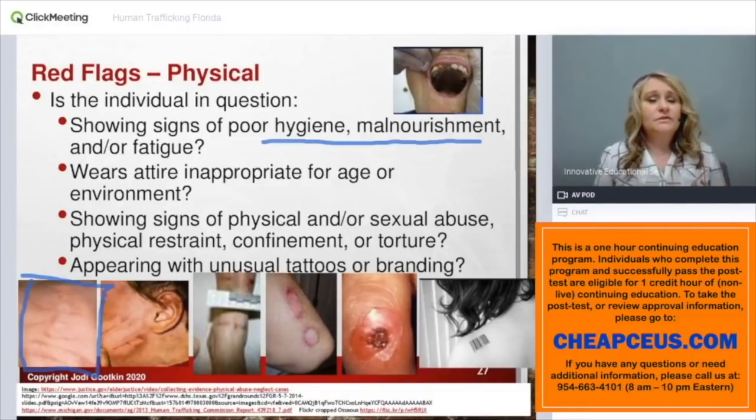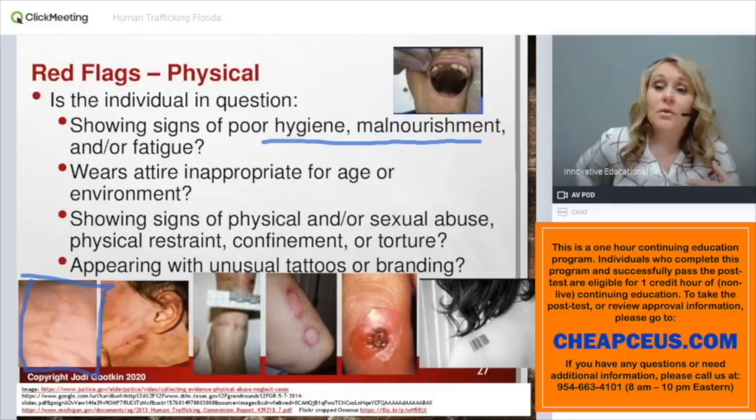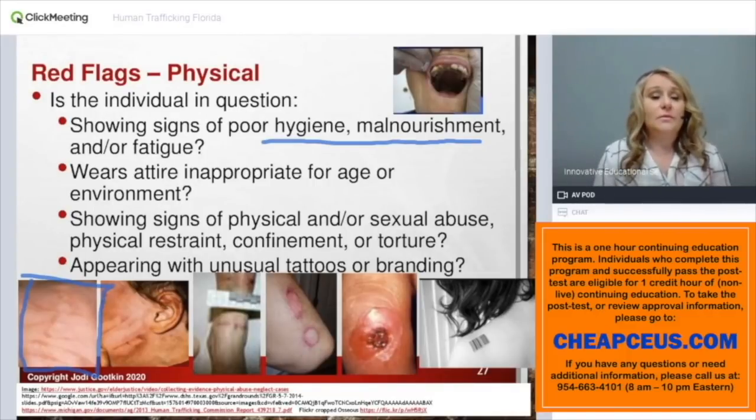Oftentimes when traffickers are abusing their victims, they're doing it in ways that will not compromise that worker's ability for them or not be physically visible. So a lot of times it'll be down on the lower back area that we'd be looking for this. If you see different wounds, bruises, if you're looking at radiologic findings that are at different stages of healing that don't fit with mechanism of injury, that would be a red flag for this potential abuse for an individual.